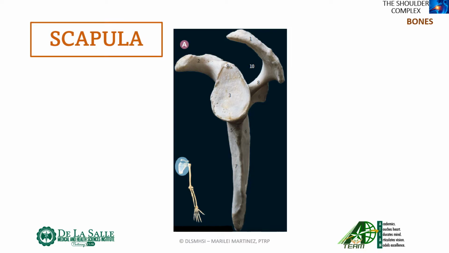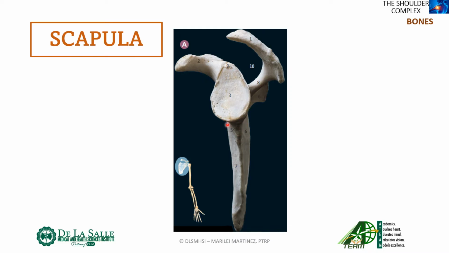Next, we have here the lateral view of the scapula, just to give emphasis on the glenoid cavity or the glenoid fossa of the scapula, which articulates with the humeral head to form the glenohumeral joint. The tubercle located superior to the glenoid cavity is your supraglenoid tubercle, which is an attachment for a specific muscle that you have to identify in your handout.